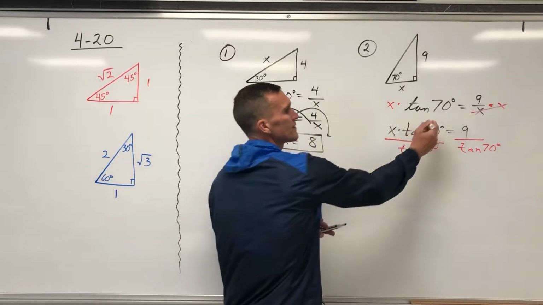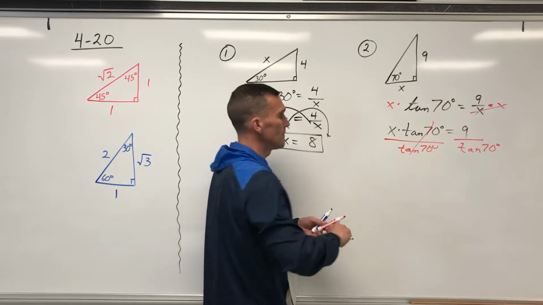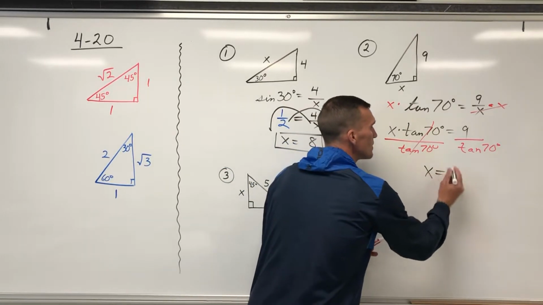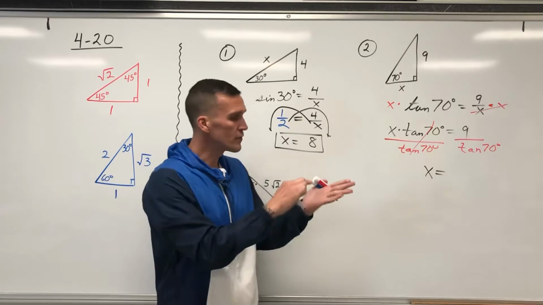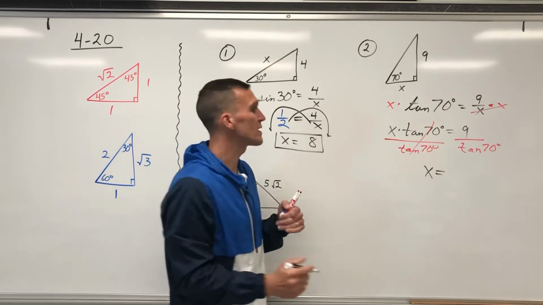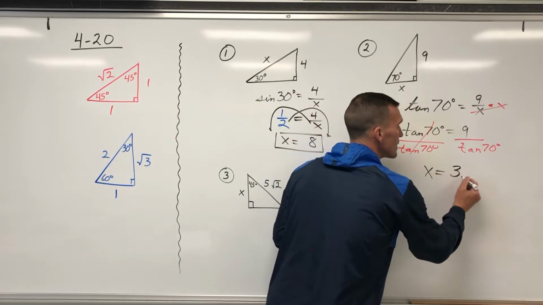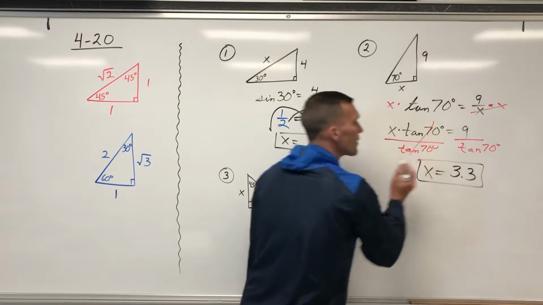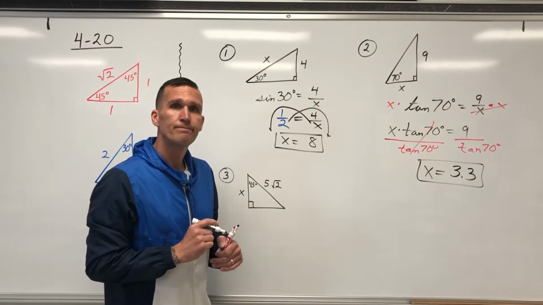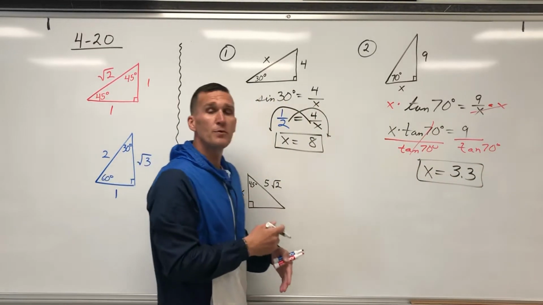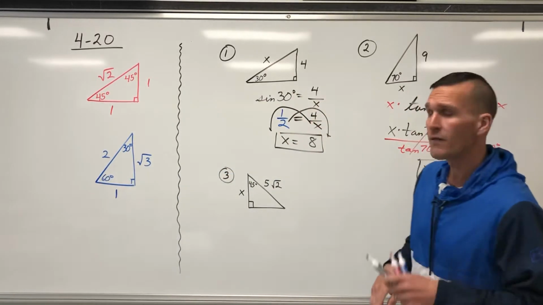And on the left side, they reduce or cancel. And I have x is equal to, and I type that in my calculator. If you type in 9 divided by the tangent of 70 degrees, you get approximately 3.3 rounded.